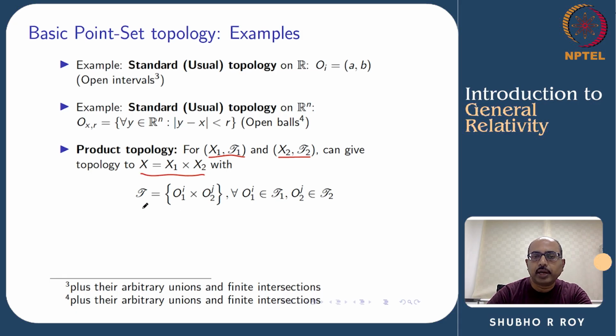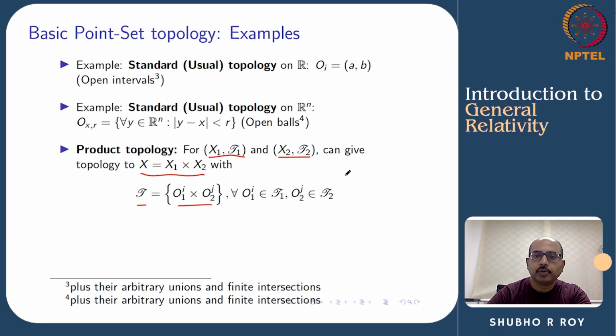The open sets of X will be given by the Cartesian product of the open sets of X1 and X2. Okay, so this will give you script T is a topology on X. So if we have two topological spaces, the Cartesian product space naturally has a topology which it inherits from X1 and X2 by taking the Cartesian product of the respective open sets.